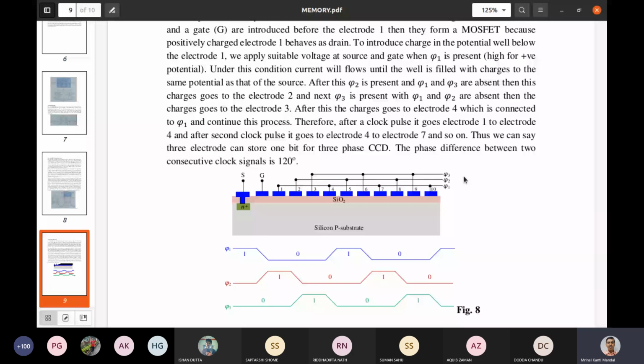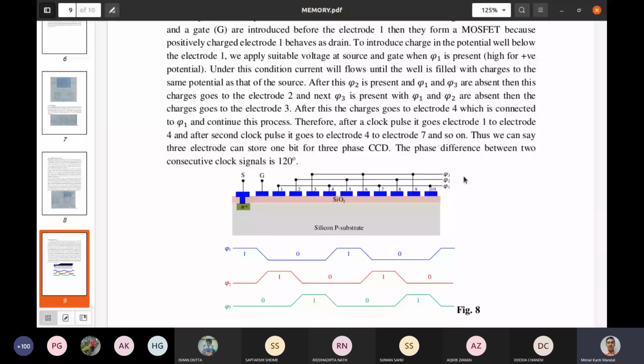That means if phi 1 is on, then potential is created below phi 1, that is electrode 1. Then this charge will be stored in that potential well. And when phi 1 goes to its low state, at the same time, phi 2 starts to increase its potential, and the potential well will be created below electrode 2.